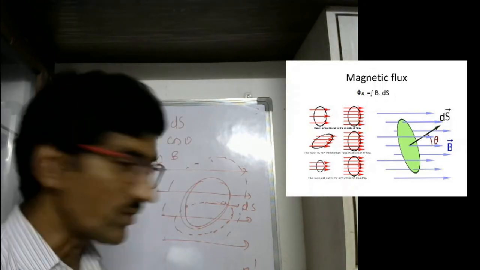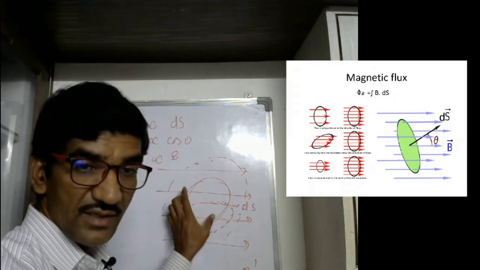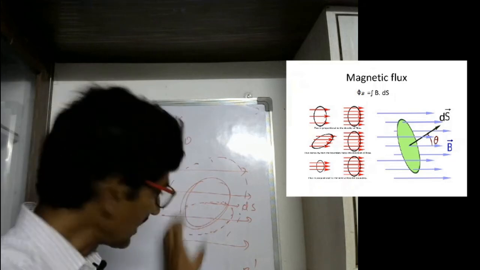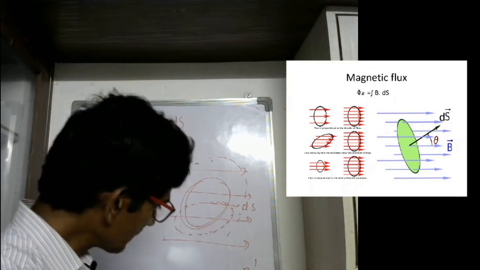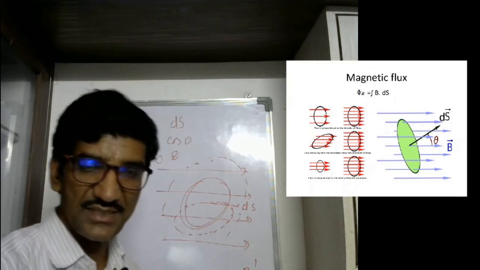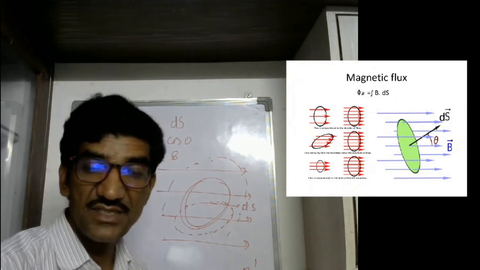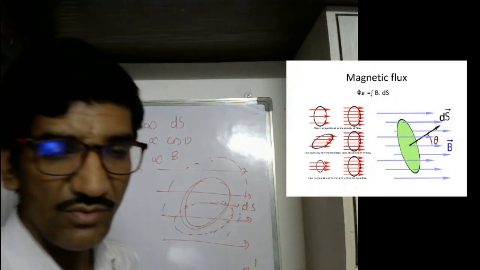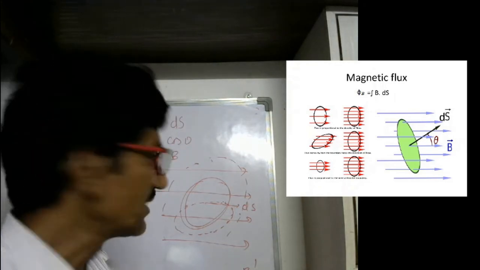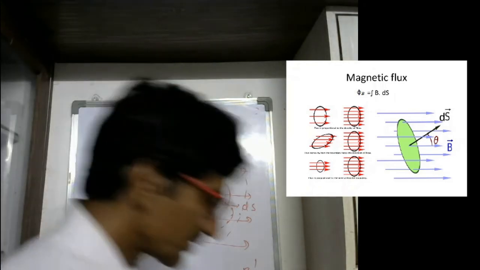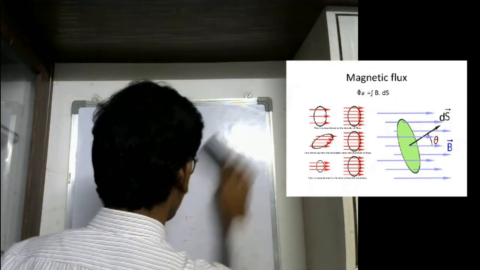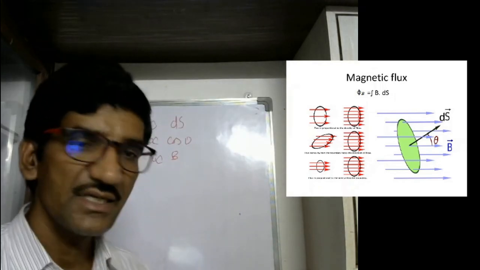That's why in the same area, the object with the same area is encircling so many field lines. Why? Because field intensity is more. So flux also depends on the local field intensity, that is B. These are the three factors influencing the flux, whether it is electric flux or magnetic flux.